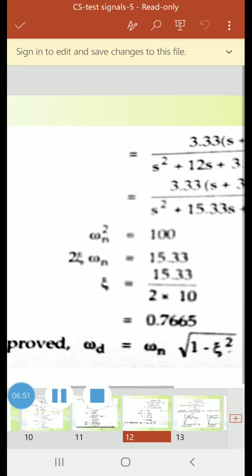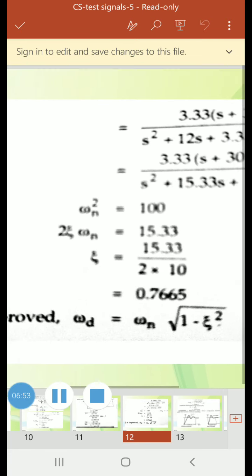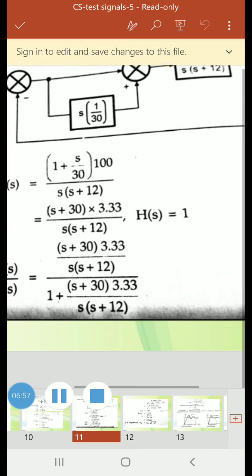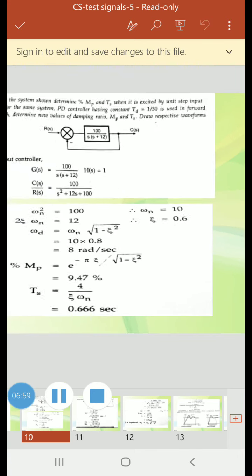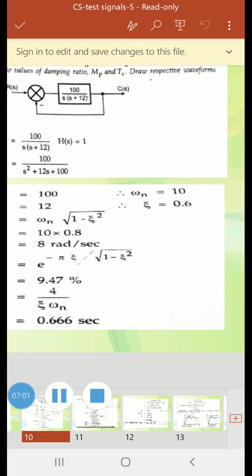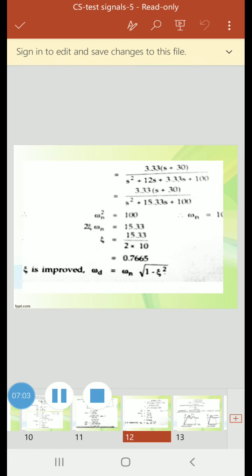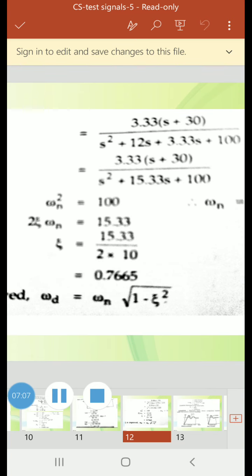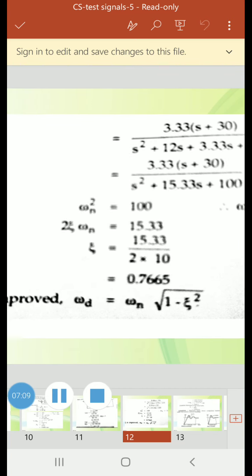Damping is improved. So in the previous case, how much was the damping? Without controller it had come 0.6. Now we have got damping as 0.7665 with controller. So the damping ratio has increased.